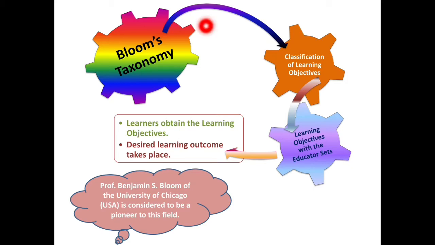Look at the slide, you will see Bloom's taxonomy. Taxonomy means classification. Bloom's taxonomy refers to the classification of the different learning objectives which the educator sets for the learner in order to enable them to obtain the learning objectives and have a desired learning outcome.